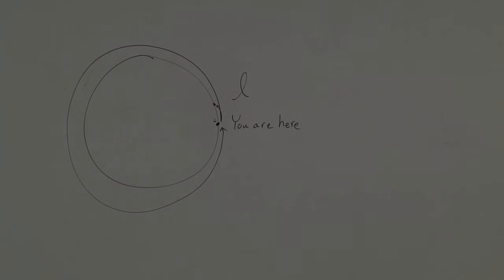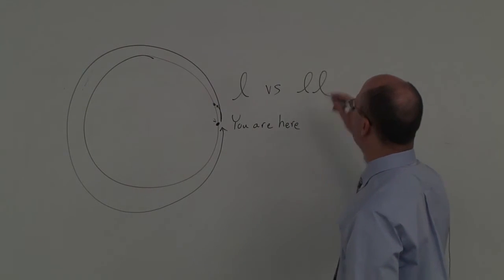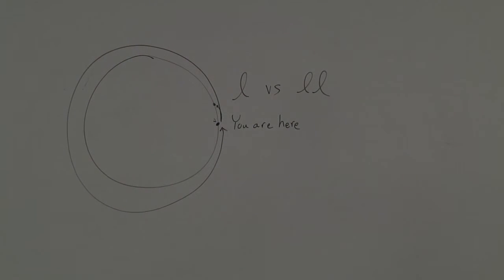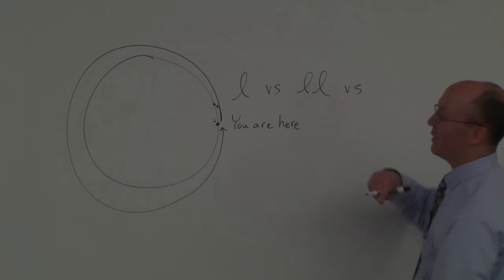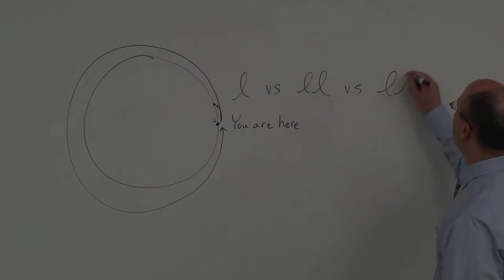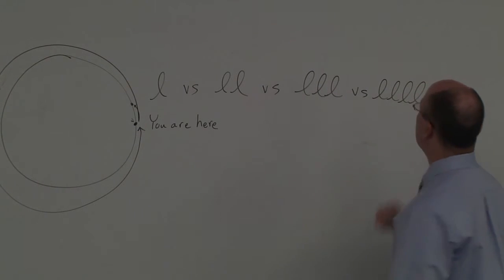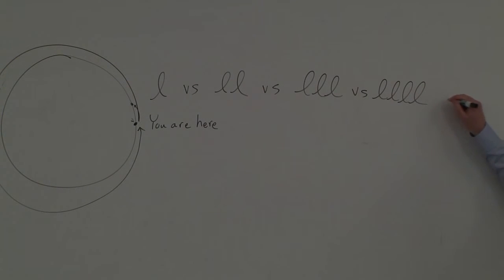I'd need twice as much string, right? So you could do 2 loops. Nothing stopping you from doing more, right? You could do 3, 4, etc. I'm not going to write any more down.